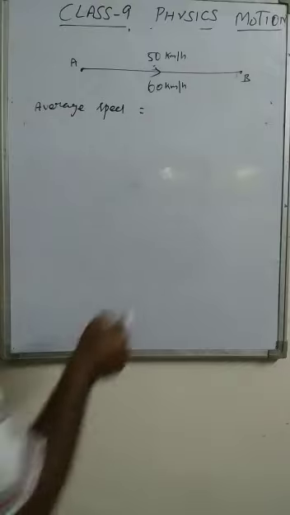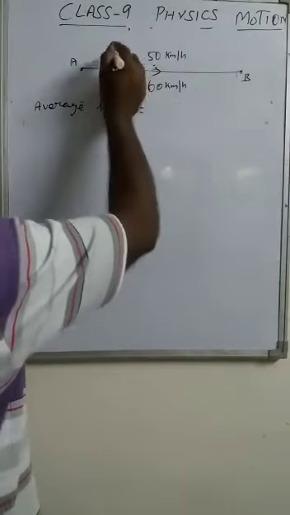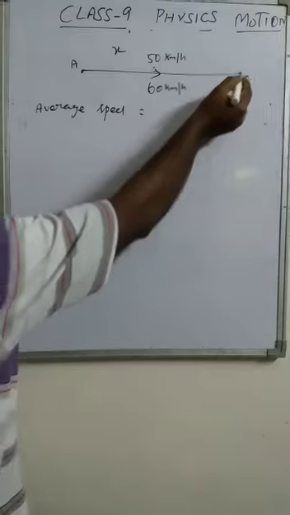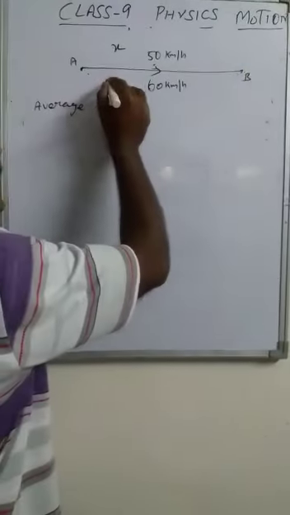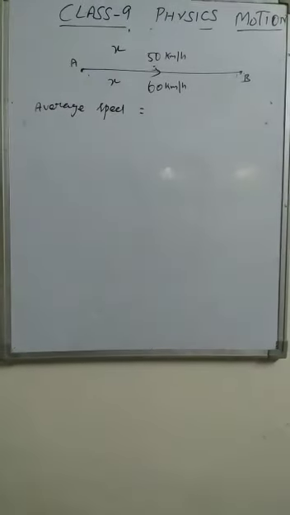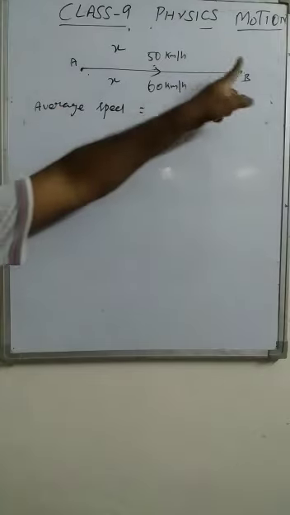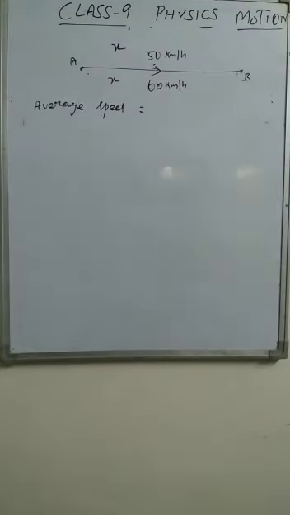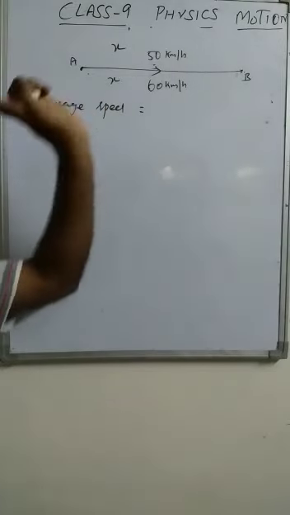Here, let us suppose from A to B, the distance is x. We do not know the value of x. Then coming back from B to A, again the distance is x. So for the same distance, the speed is different, so the time taken will not be same.